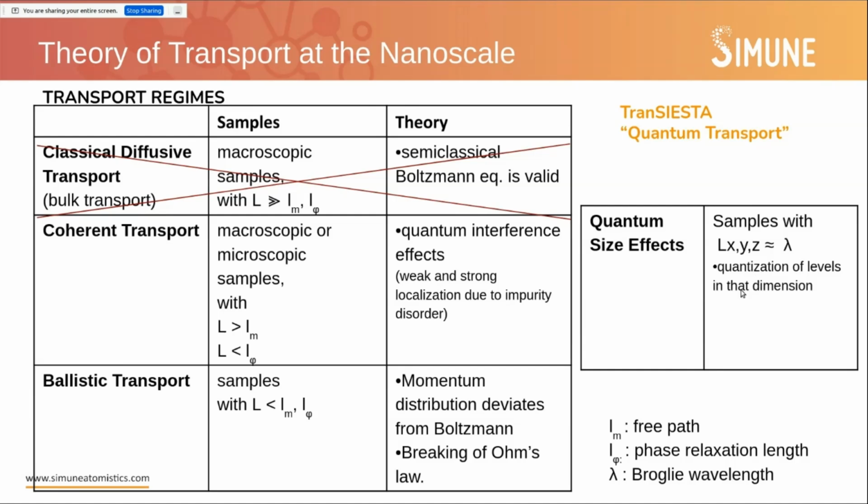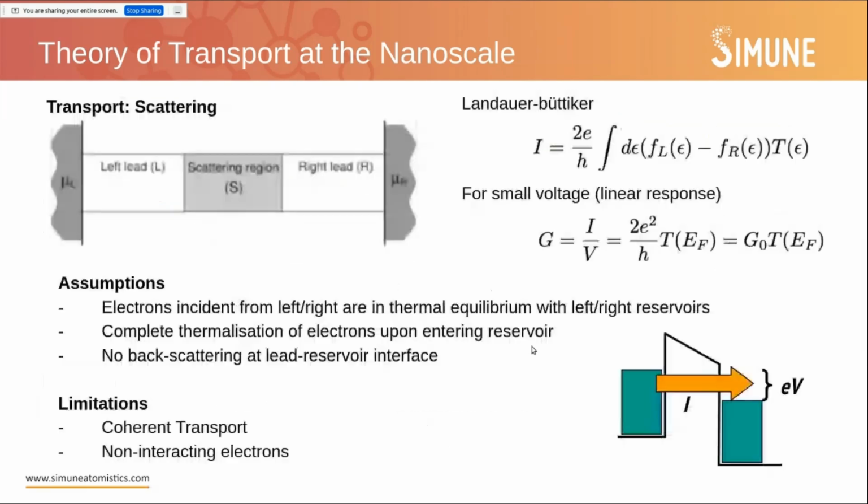So we can use TranSIESTA in cases of coherent and ballistic transport, and to take into account quantum size effects. Interactions, such as electron-electron and electron-phonon interactions, are not included. So the case of classical diffusive transport is not described by TranSIESTA, but in quantum devices, we really need to describe this kind of coherent transport, ballistic transport, and take into account quantum size effects.